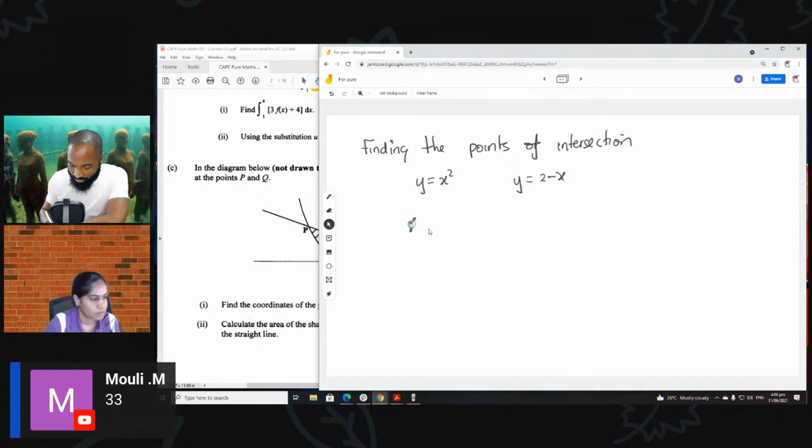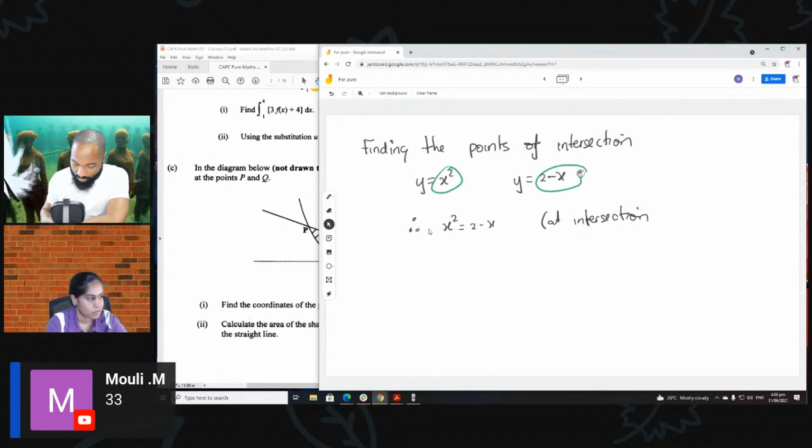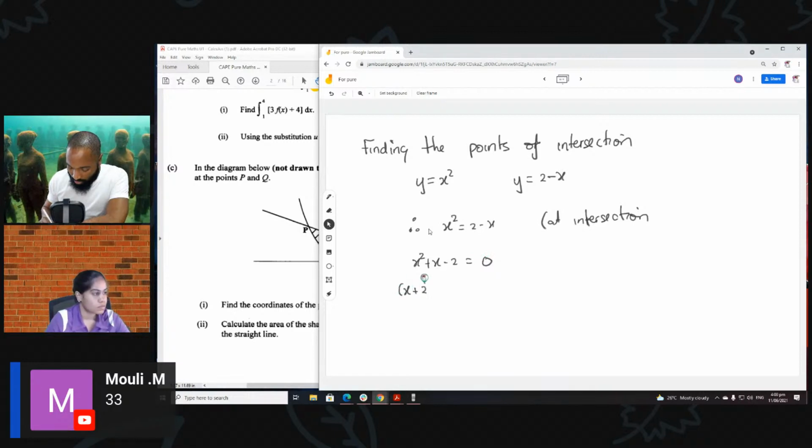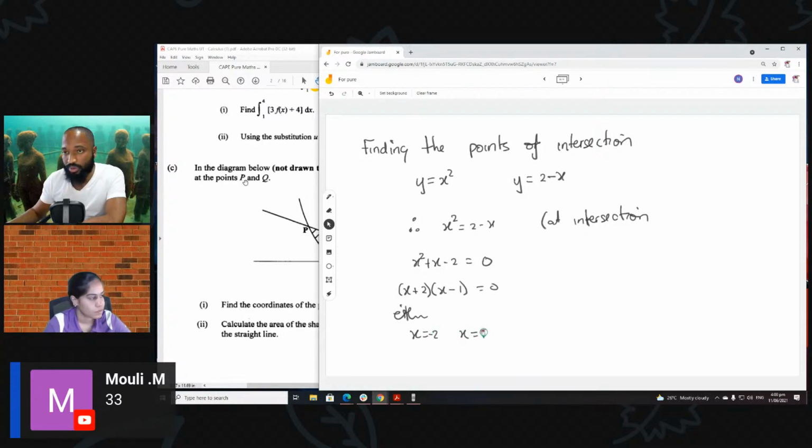Therefore, we have a situation where x squared is equal to 2 minus x at intersection. I'm just equating these two. And then bringing across everything, we'll have x squared plus x minus 2 is equal to 0. We'll have a quadratic taking place here. And hopefully the quadratic is solved using this. So either x is equal to negative 2, or x is equal to 1.